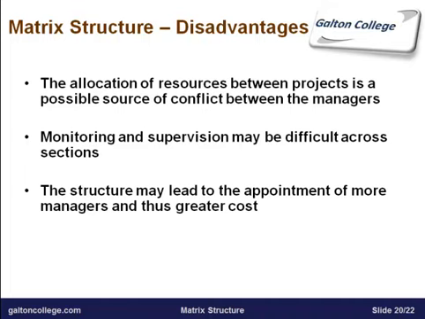The structure may lead to the appointment of more managers, and greater cost. That is true in the sense that the individual parts, individual businesses, may require more managers to be involved, but to have a more continuous run of production, a more continuous flow of output, some of the managers may not be used optimally.